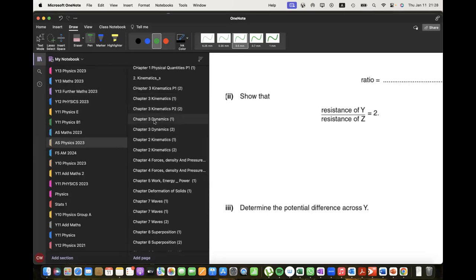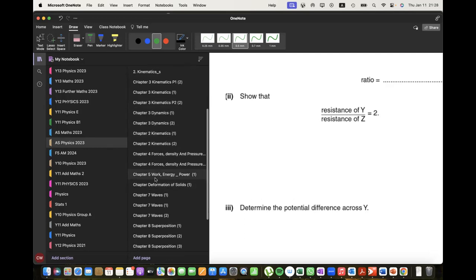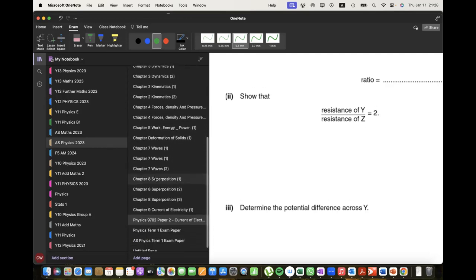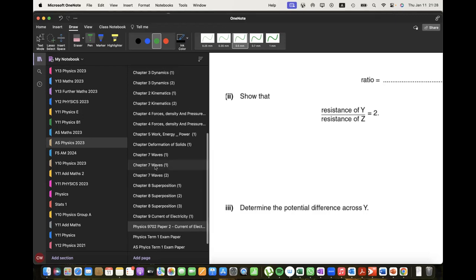Kinematics, dynamics, force, work done, pressure, deformation of solid, wave, superposition. Wave. Okay lah. Wave and superposition. Maybe you do some revision for wave and superposition.